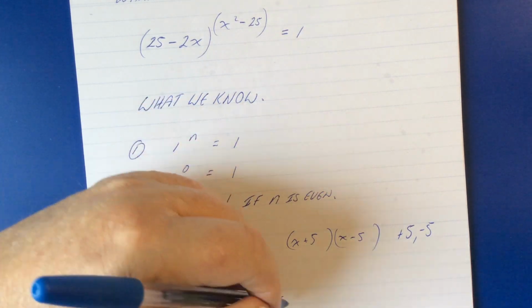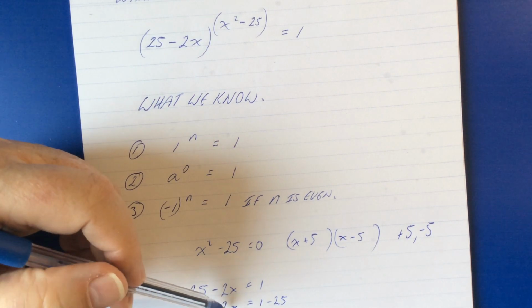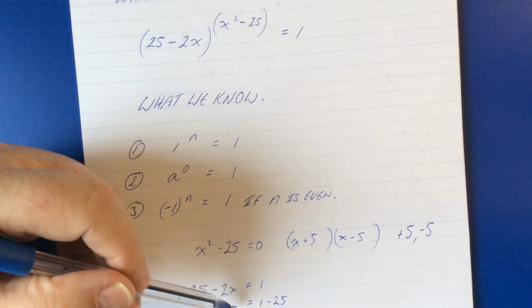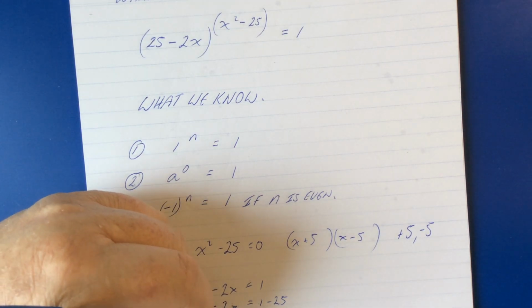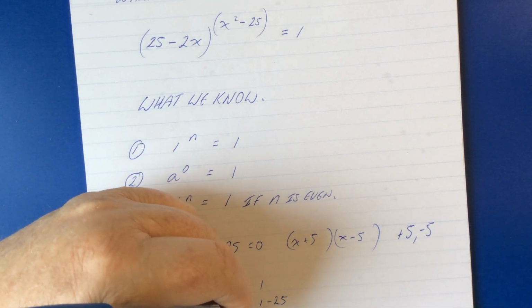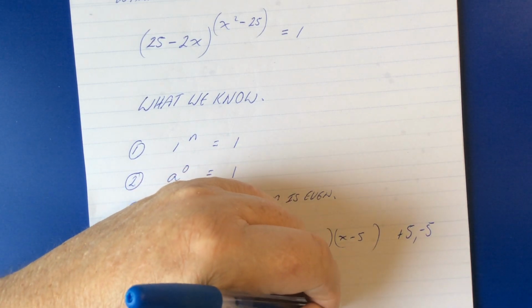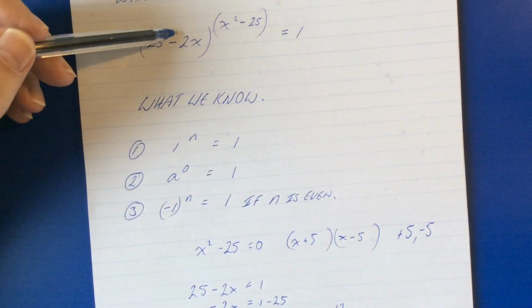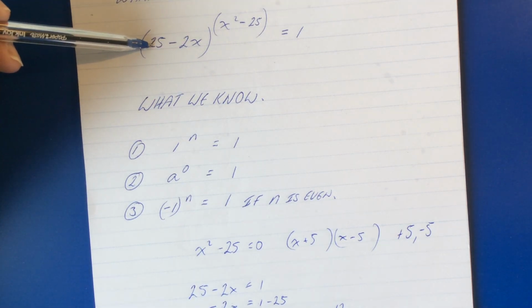Yeah, 1 minus 25. Negative 2x, I beg your pardon. So negative 2x equals 1 minus 25. That means that 2x is equal to 25 minus 1. x could equal 12. And that would give us a value of 1 in this bracket.